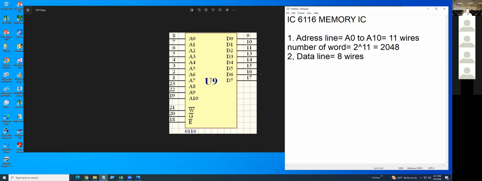If you're looking here, data D0 to D7. Okay, now what else? Pin 21.